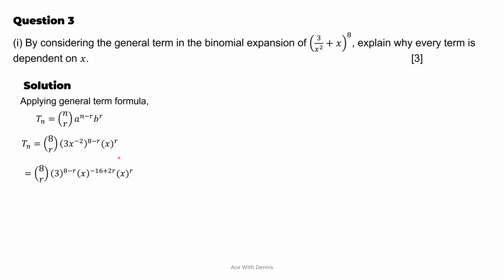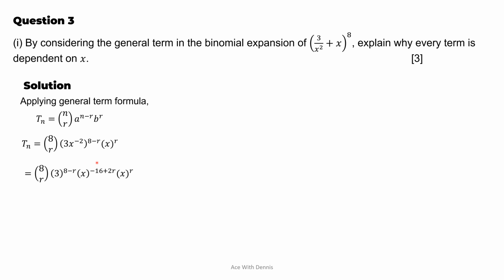Then we simplify this equation. What we need to do is separate the constant and the x. The constant is 8 choose r times 3 to the power 8 minus r, and the x term will be x to the power -16 plus 2r times x to the power r.